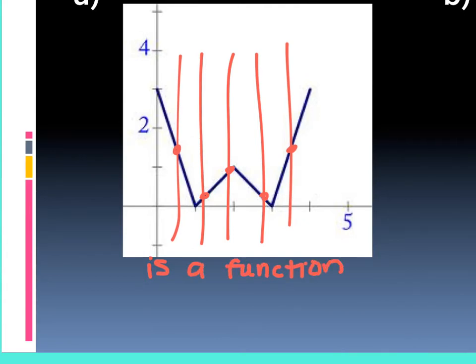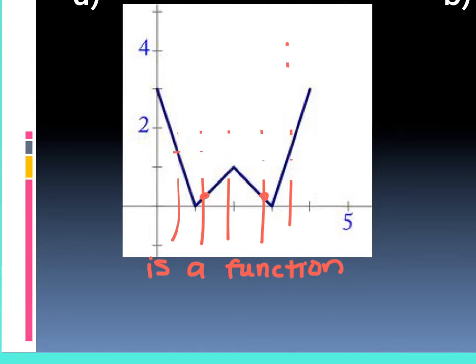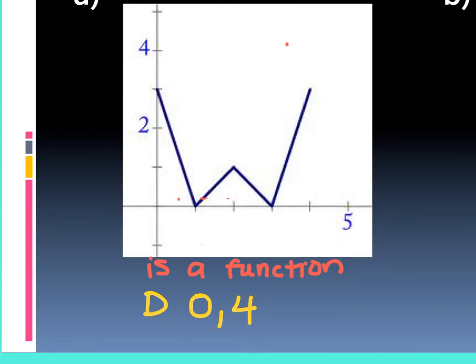So the second part of the instruction said if it is a function, find domain and range. So if I go furthest point left to furthest point right, that's my domain, which in this case would be what? 0, 4. Good. 0 to 4, brackets or parentheses? Brackets.